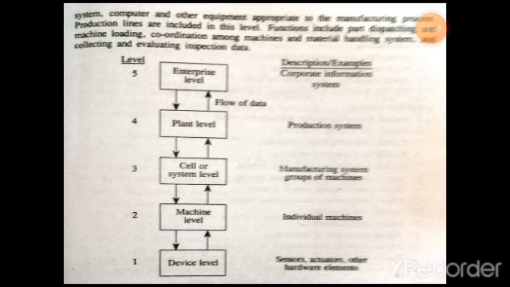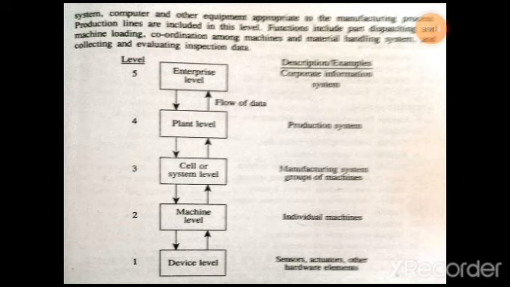That is why it is called a cell. Cell means what? A number of machines arranged in a systematic way. It is called a cell. Automatic workstations, supported by a material handling system, computer and other equipment appropriate to the manufacturing process. So as per the manufacturing operation to be carried out, they are integrated, joined together and automatically operated.